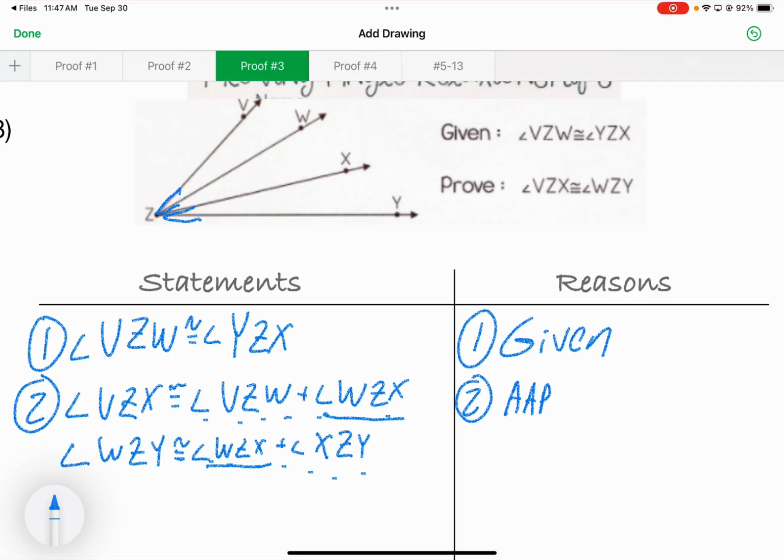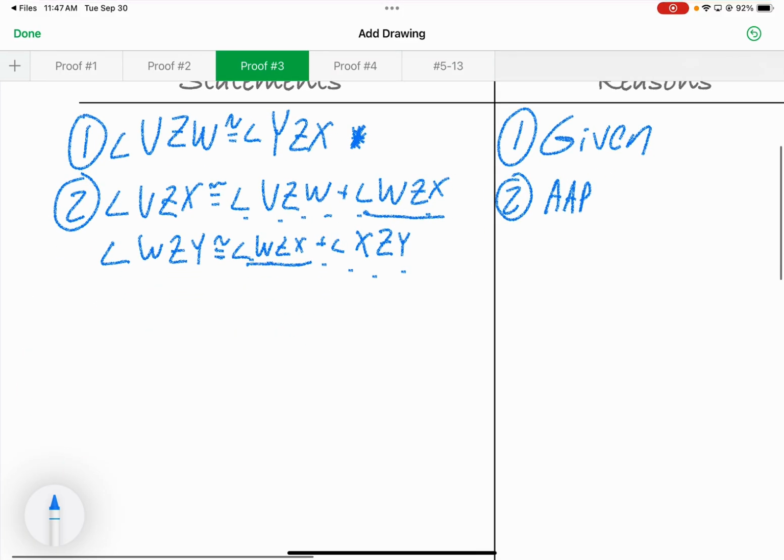So what I could do is start with the fact that those are congruent, and then what could I add to both sides of that statement that I just starred? WZX. Because then I would have those little angles plus WZX, and if I add those together, that gives me the big angles.